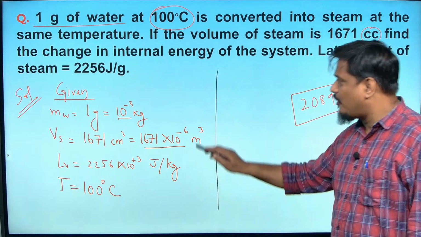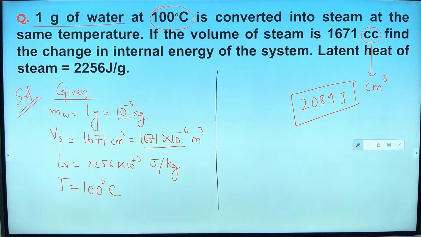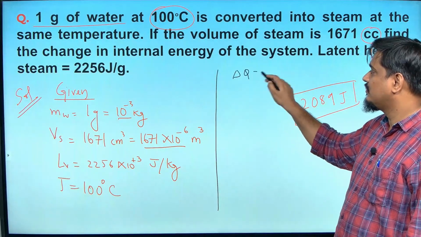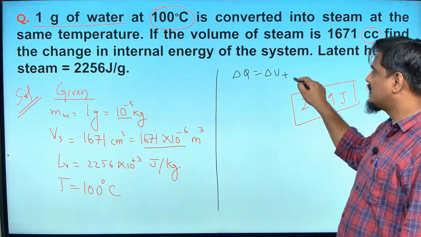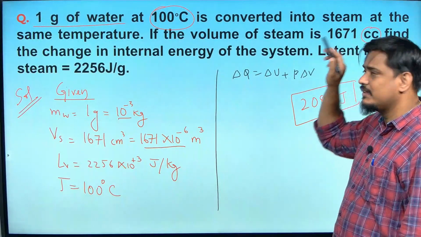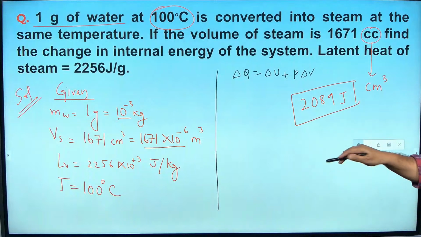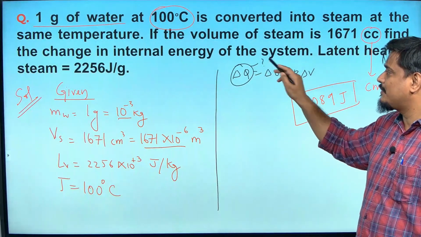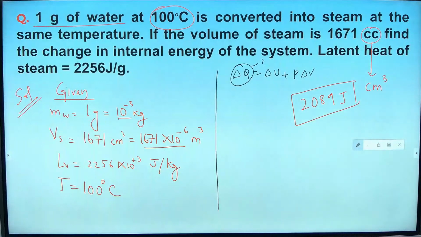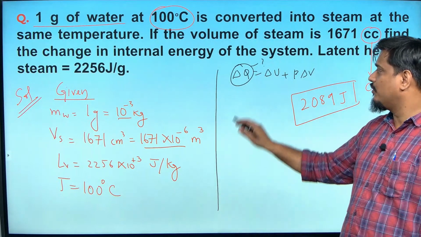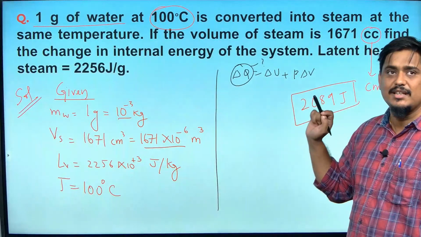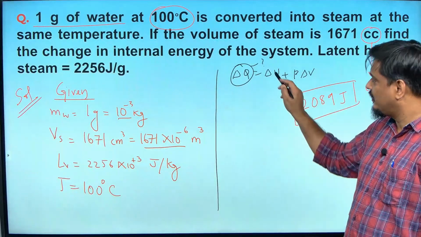what is the formula of the first law of thermodynamics? Q is equal to del U plus work done, P del V. Am I right, Kirti? Okay, so in this question, which formula of del Q will we be using? mc delta T or mL? mL, very good. So, what do we want to find in this question? Del Q, del U or P del V? Del U, very good.